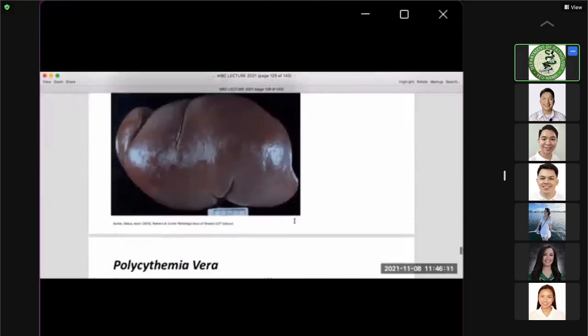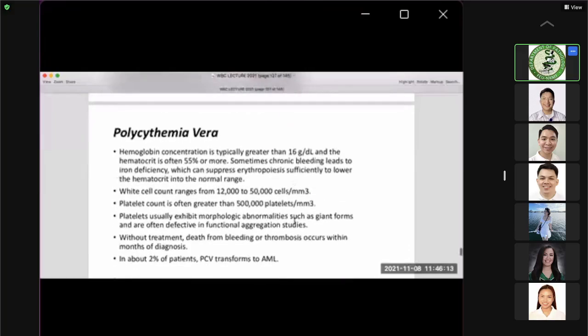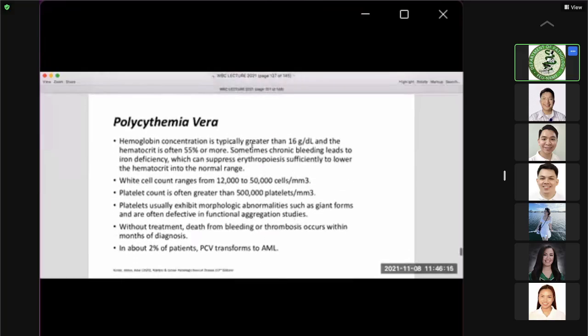You have a big spleen in vera. Hemoglobin concentration is typically greater than 16 grams per dL, and the hematocrit is often 55% or more. Sometimes chronic bleeding leads to iron deficiency, tapos masusuppress erythropoiesis sufficiently to lower the hematocrit into the normal range.